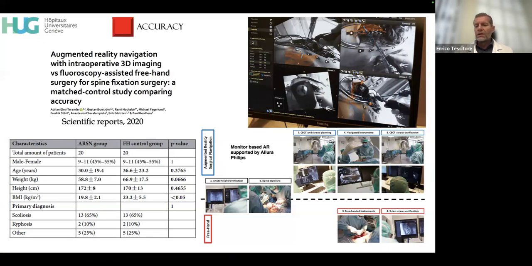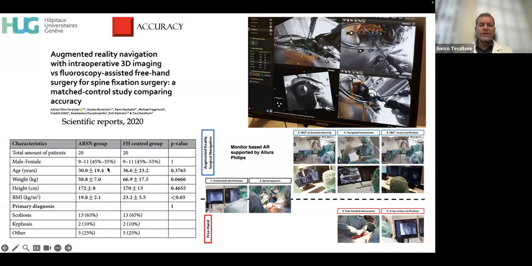This was the workflow, and you might see on the monitor a computer-generated image like a bull-eye view here, or a blue line, which is the ideal linear trajectory of the drill itself, which is then followed on the monitor by the surgeon.